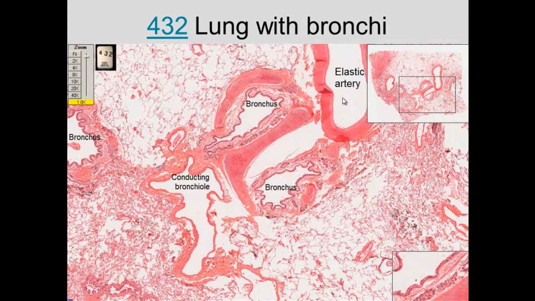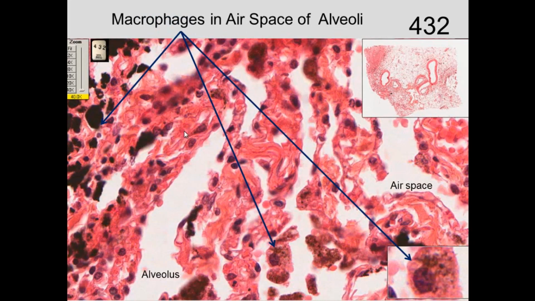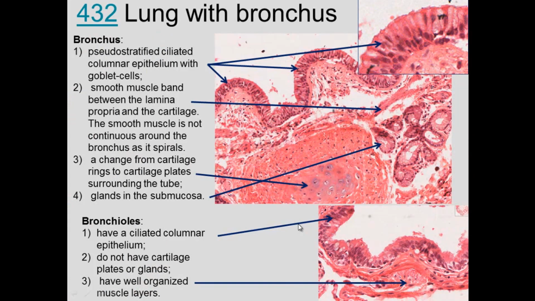This is the elastic artery up through there. They have macrophages. There's a nice macrophage here. You see the nucleus. You can see various sizes and various intensities of structures inside there. They're located in the airspace itself, not attached to the wall.